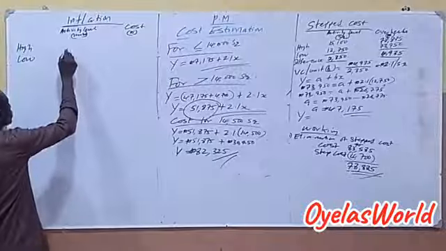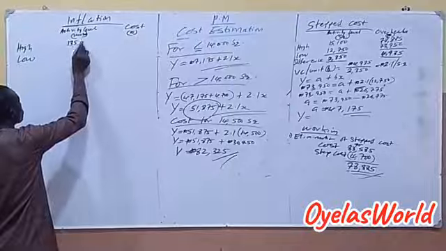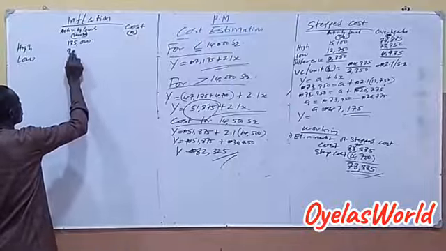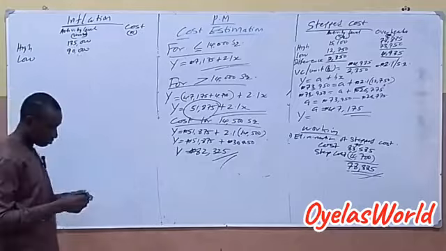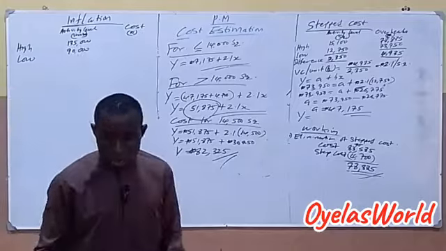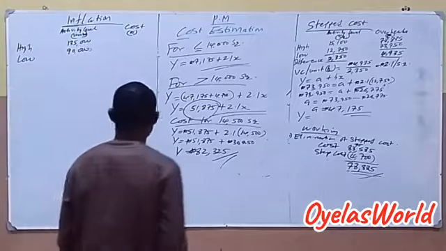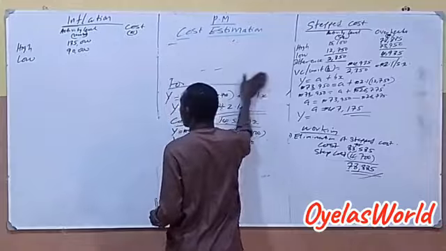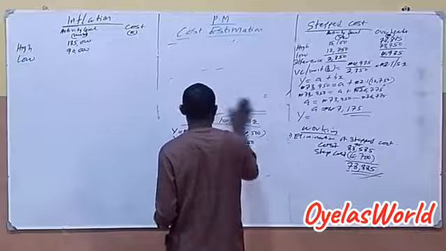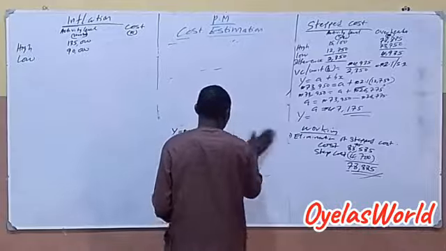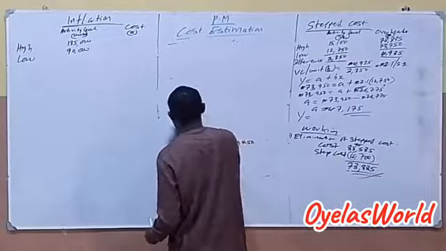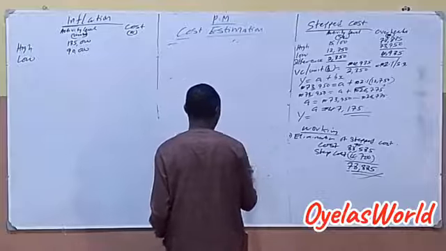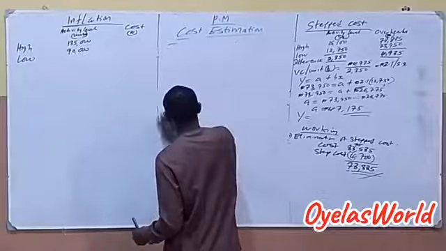Now, we have high, we have low. High is 135,000 units, low is 90,000. Now, there is a problem here. For that high level, the price index is 123, an inflation rate of 23%.